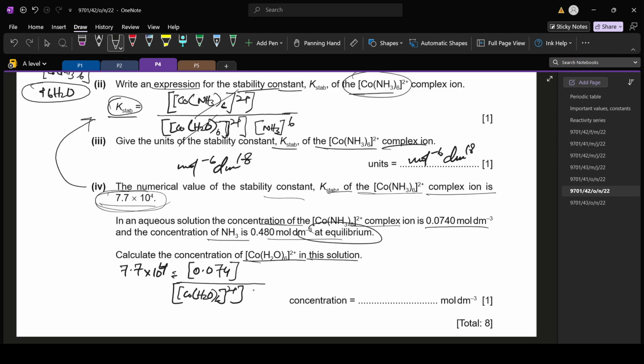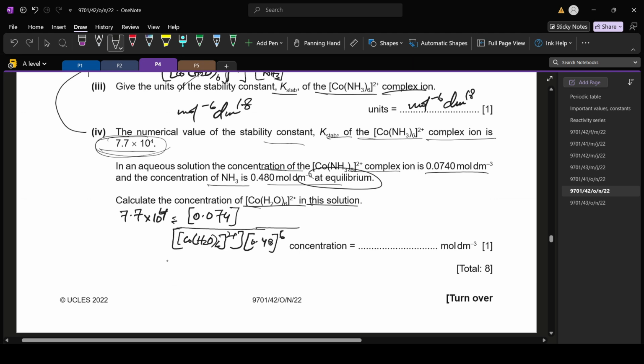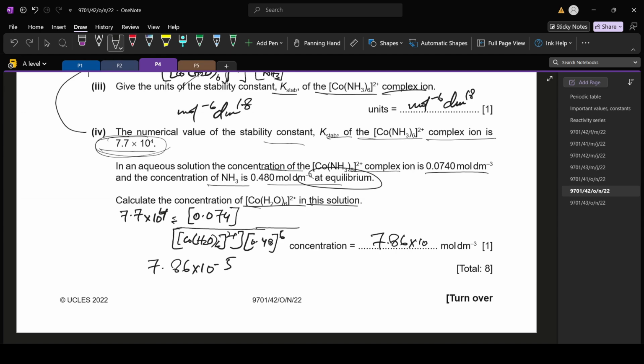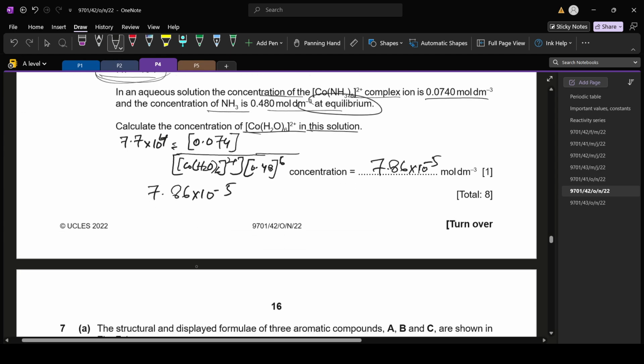And you are also given the concentration of ammonia, which is 0.48, power 6. So from here you will calculate the concentration of this complex, which will be 7.86 into 10 raised to power minus 5. Okay, this is your final answer.